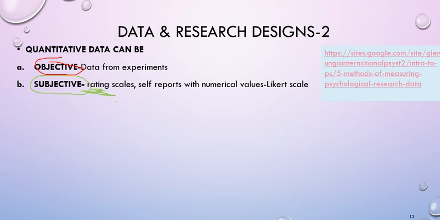You say I'm 5. But your tests, the objective data, say that you are 9 out of 10. And you say I'm okay, I'm 5, because you're modest. And that's a subjective measuring. A self-report with numerical value is also subjective.